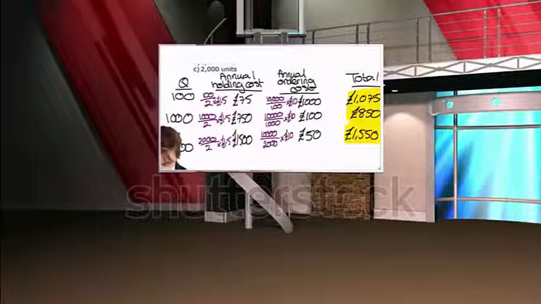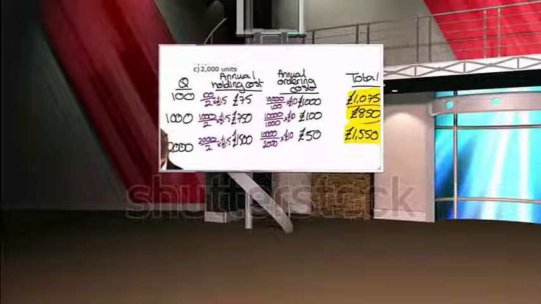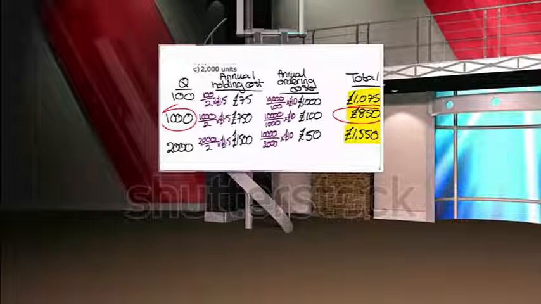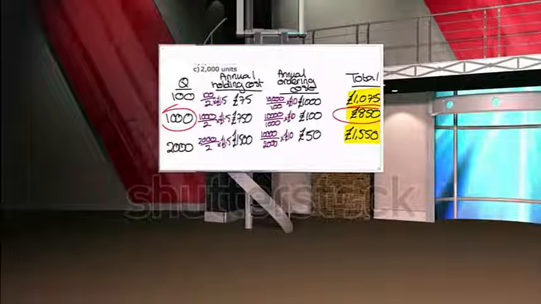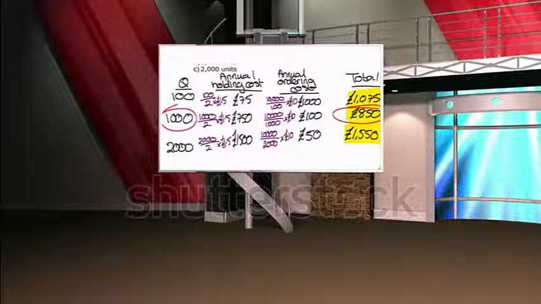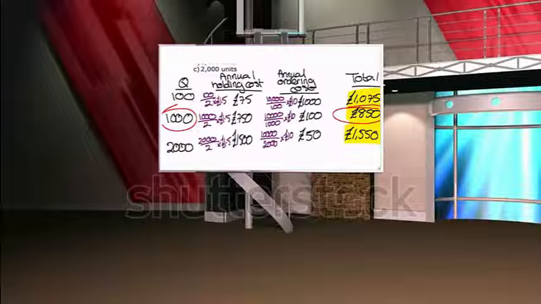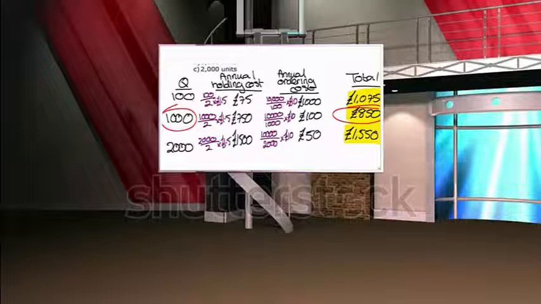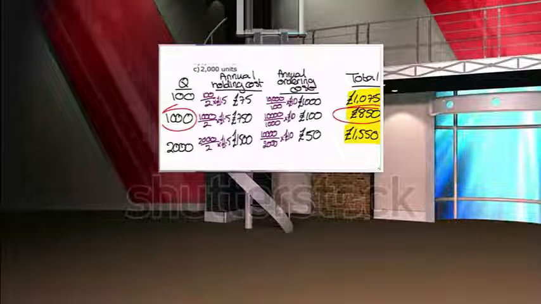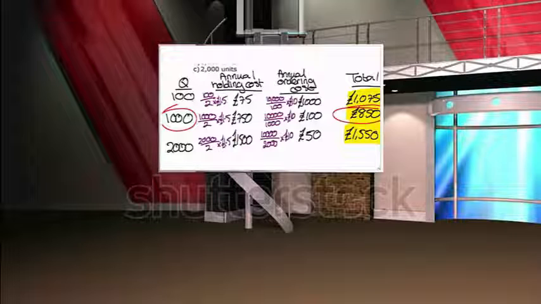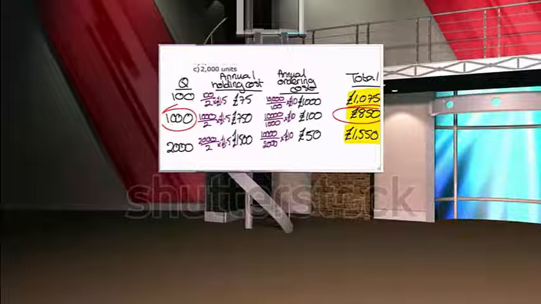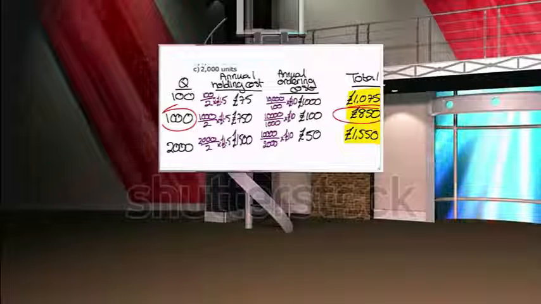Now, based on the table we've just calculated, the best thing for the company to do would be to order 1,000 units each time they place an order, because this would appear to give them the minimum total annual holding and ordering costs. But what if there is a different order quantity which will minimize the sum of these costs further? Without doing this calculation for every single order quantity, we don't really know which order quantity is going to minimize our costs.